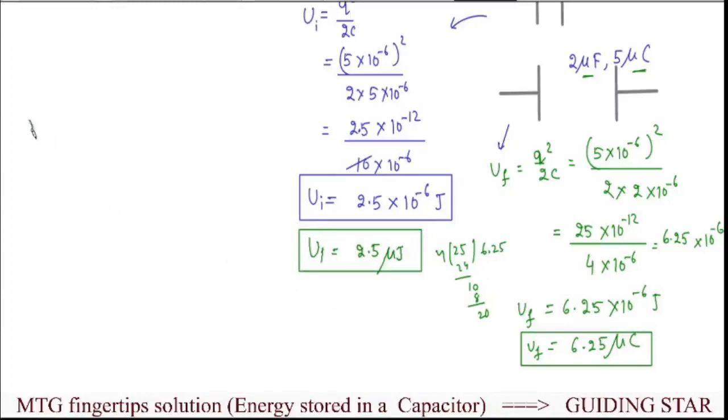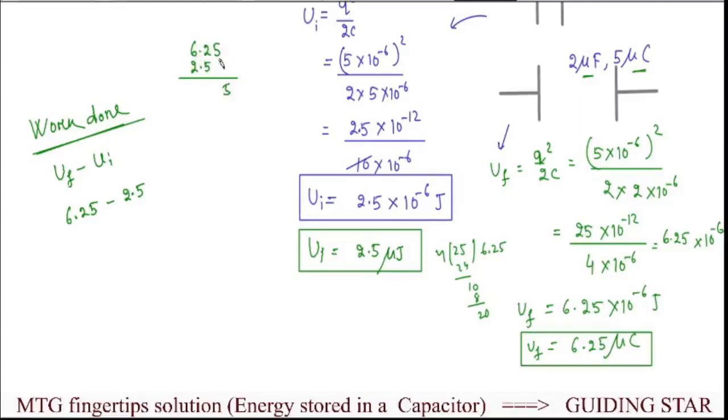Then the work done. It is asking about work done. So work done will be U final minus U initial, so 6.25 minus 2.5. That gives 3.75 microjoule.